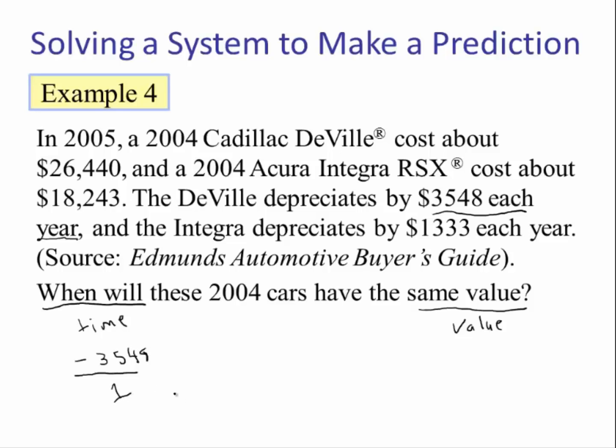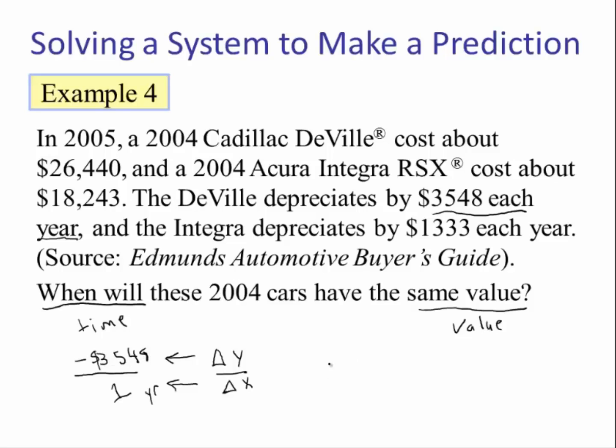For every 1 year, the value of the car decreases by $3,548. This is the same thing as slope. So this is our change in y over our change in x. So our independent variable is time measured in years, and our dependent variable is the value of the car.